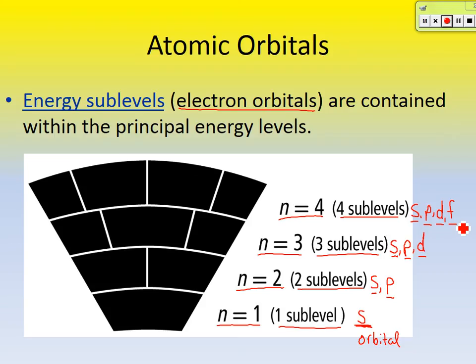Okay, so we've learned that there's 4 different orbitals. There's an s, there's a p, there's a d, and there's an f orbital for these electrons to fit in. We're going to go through in the coming slides and explain each one of these individually and in more detail.